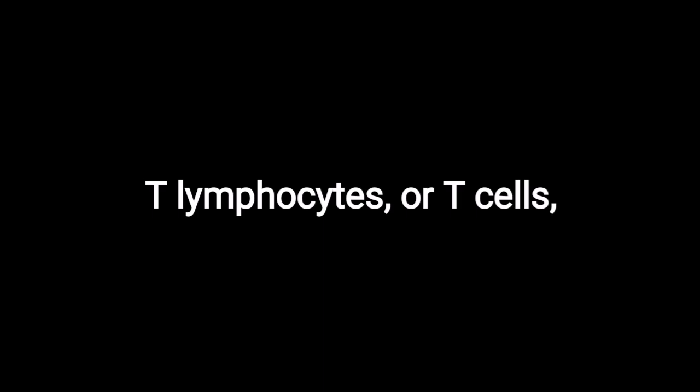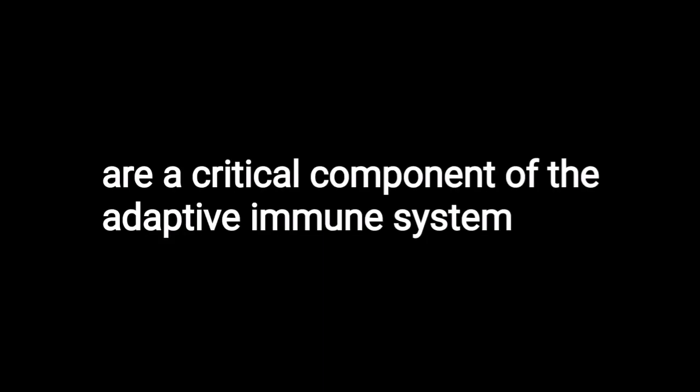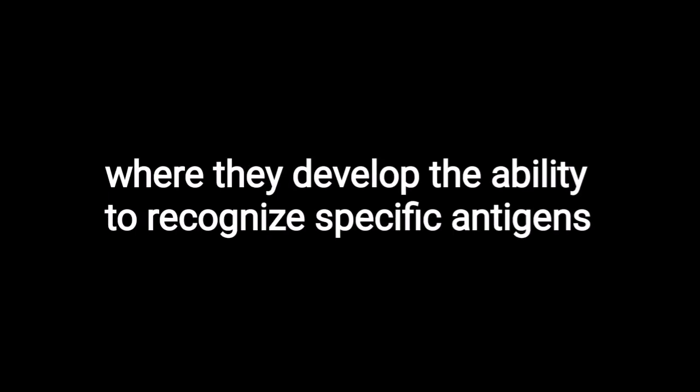T lymphocytes, or T cells, are a critical component of the adaptive immune system and play a significant role in chronic inflammation. They are produced in the bone marrow and mature in the thymus, where they develop the ability to recognize specific antigens presented by other cells.